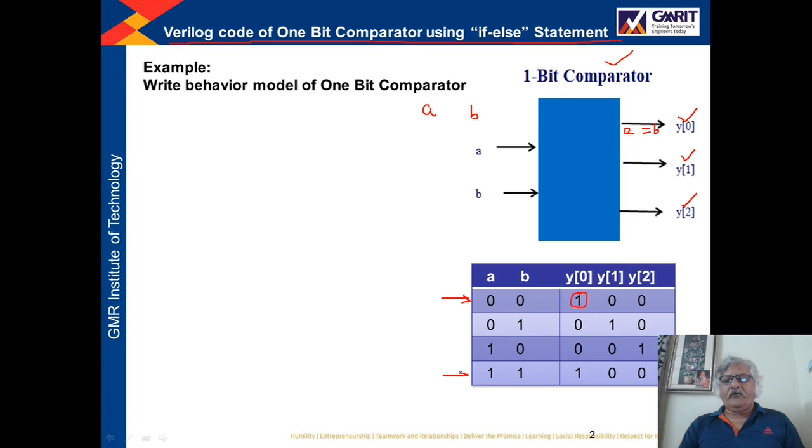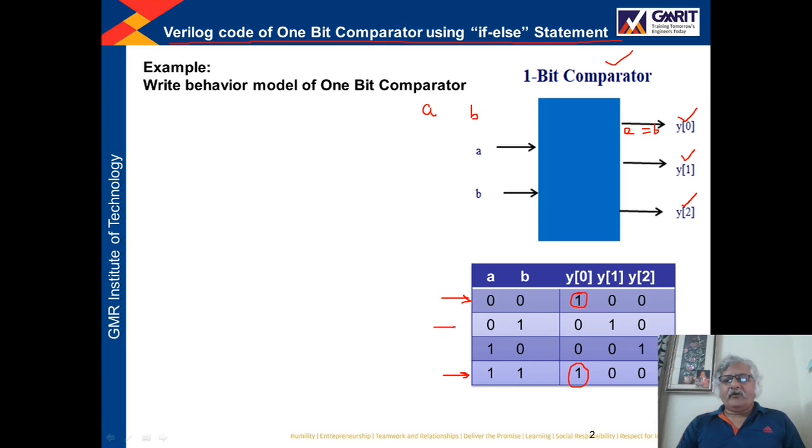In the last row, if A is 1 and B is also 1, meaning again both numbers are equal, then also my output Y0 is 1.